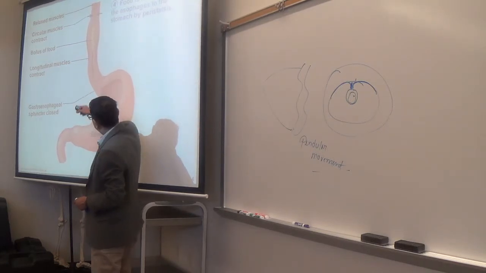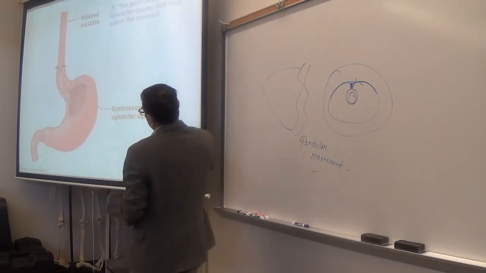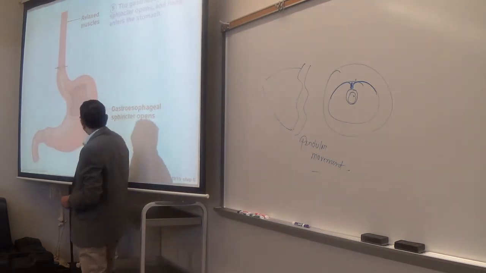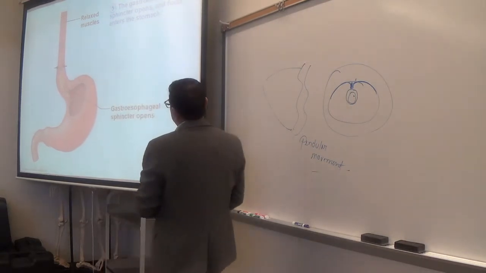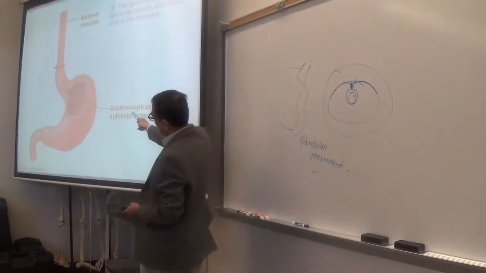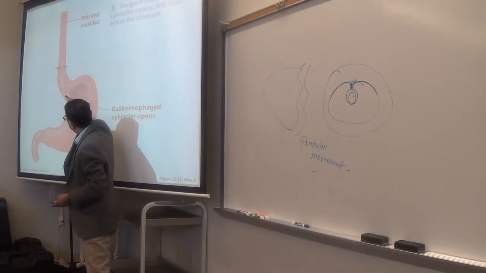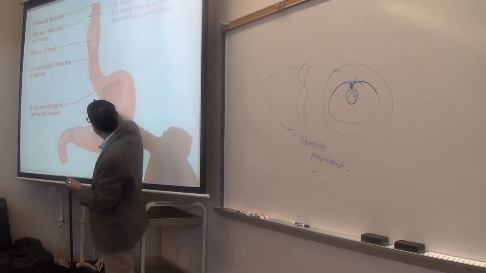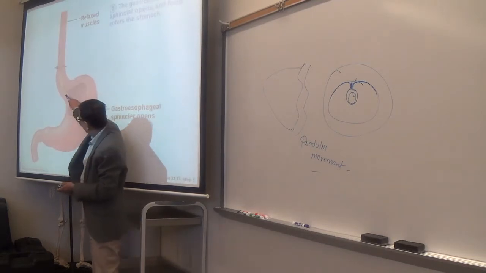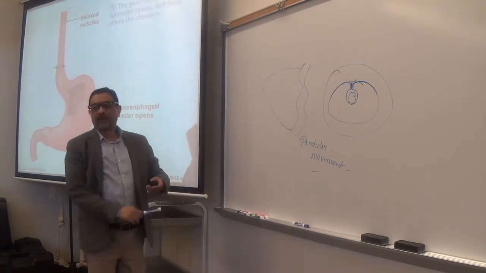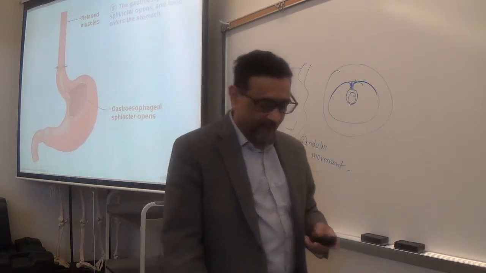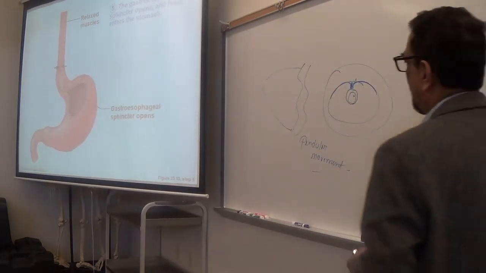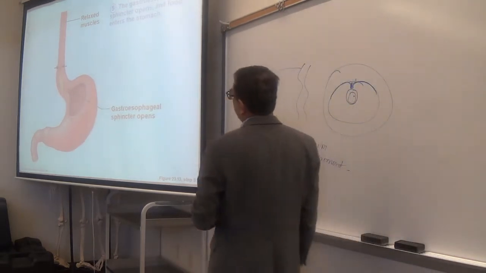This one is closed now, you see. When the food comes close to the stomach, it will get open. Around the cardiac orifice is a sphincter that remains closed; it will get open and let the food get in. So the food bolus will get into the stomach. Okay? So that is how deglutition occurs.